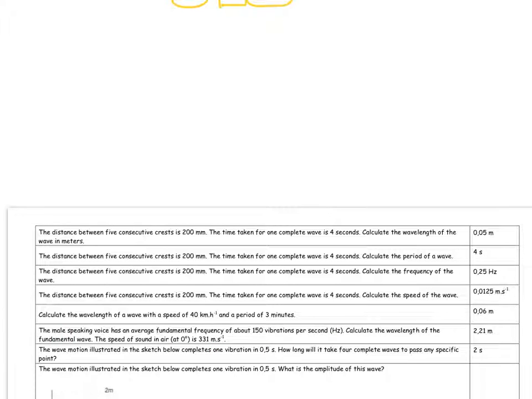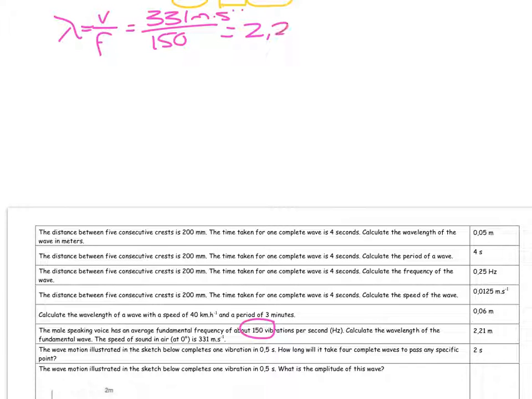So I am going to now find out the wavelength. Again, wavelength is equal to v over f. So speed is 331 meters per second, and the frequency is given to me as 150 hertz. So divide by 150, and I land up with 2.21 meters.